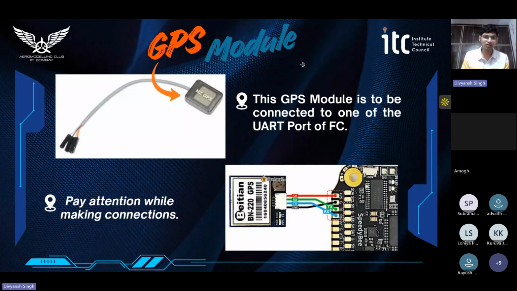Some of the advantages are that you can use the return to home feature. If anything mishappens to your drone or aircraft at a faraway distance, or the battery dies suddenly, then your aircraft or drone will return to home. So that is one of the features that is enabled by using a GPS module.